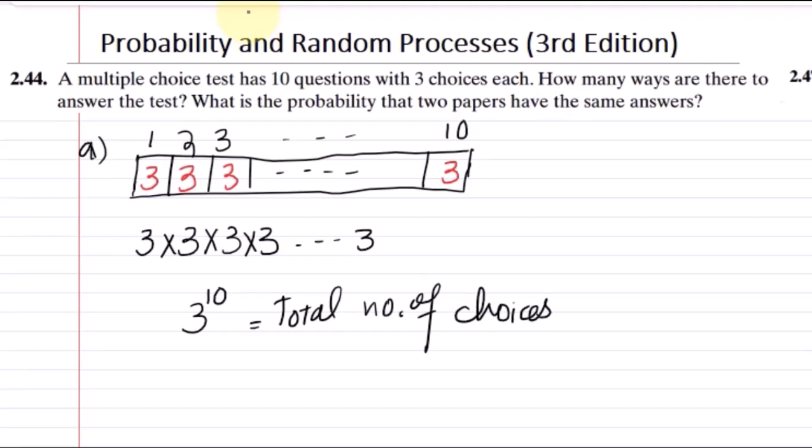So in this question the answer to part one is 3 raised to power 10. In part 2 it is asking what is the probability that 2 papers have the same answer. In order to find it, let us find the probability of the answer that one person has got.